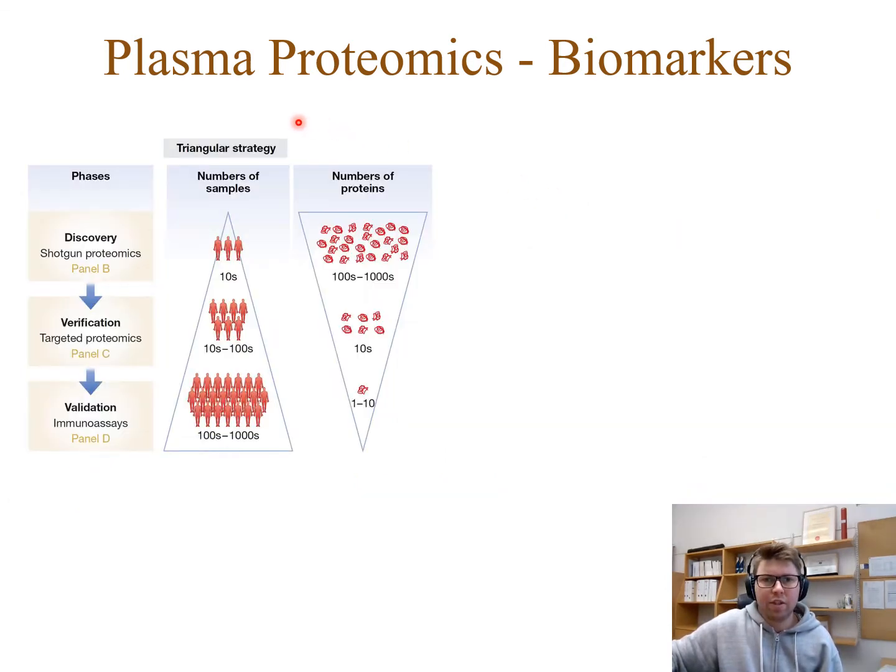So traditionally, biomarker discovery studies almost invariably involve this so-called triangular strategy. This first involves biomarker discovery and verification stages that can both rely on mass spectrometry. And these are followed by validation stages that almost invariably involve antibody-based or immunoassay-based validation of identified targets.